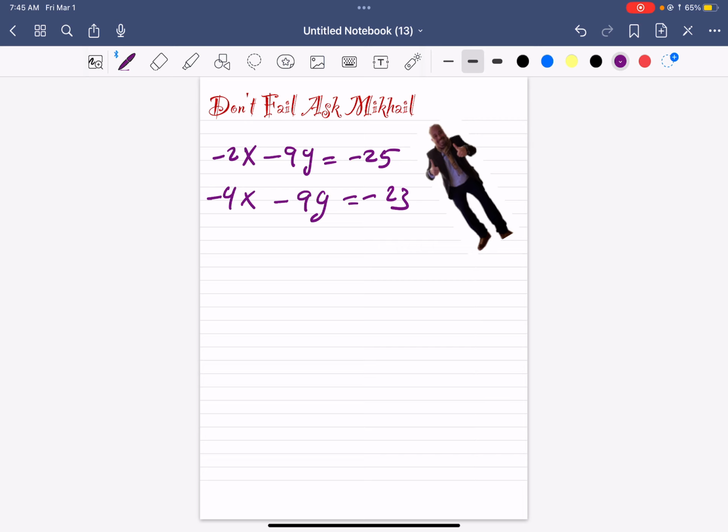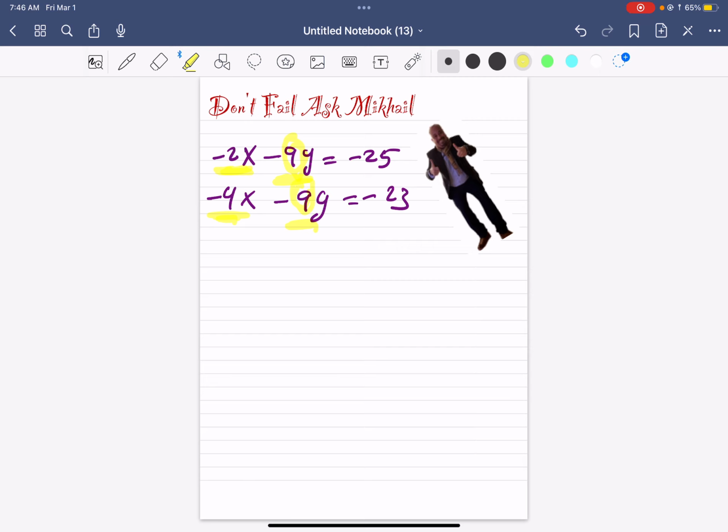So this one here, do I have any coefficients, meaning any numbers that are the same number but different sign? That's negative 2, negative 4, okay? Negative 9, negative 9. So this one looks like they have the same number but the same sign. I have to make it opposite sign.